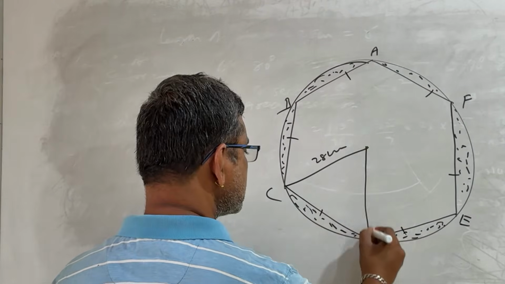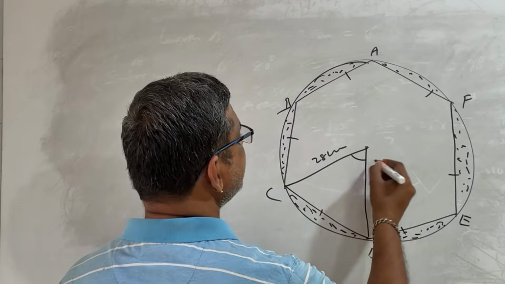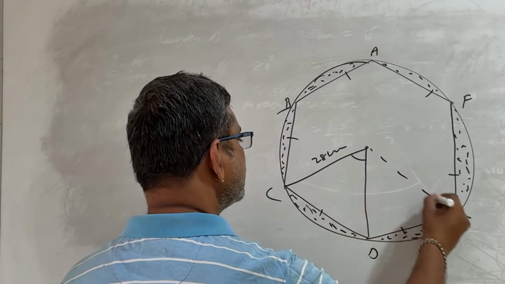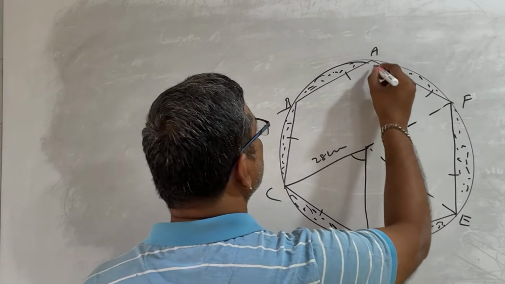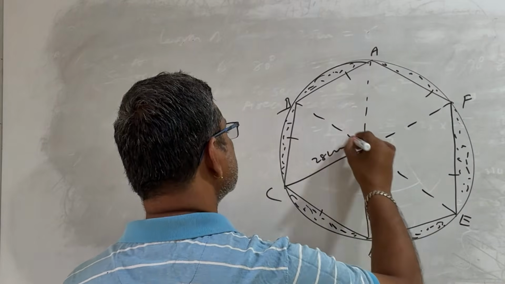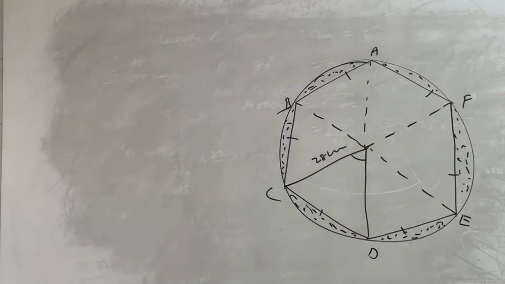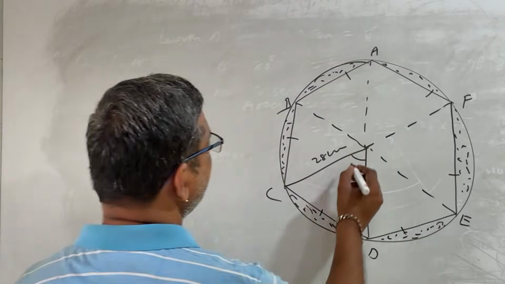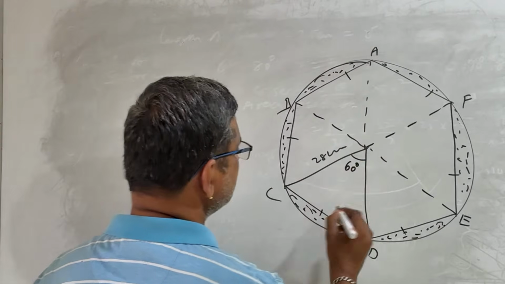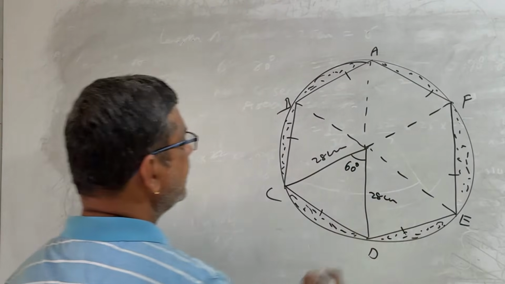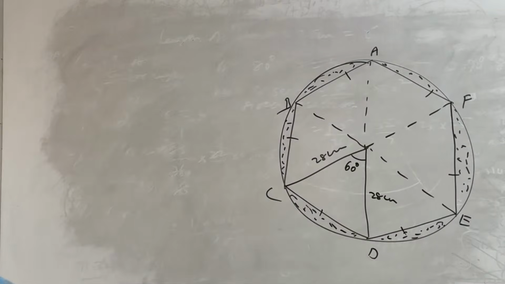That means if we join these 6 angles, we will get 6 equal sectors, and all the sector angles are equal. Each angle will be 60 degrees and radius 28 centimeters. And we need to find out the shaded part area.